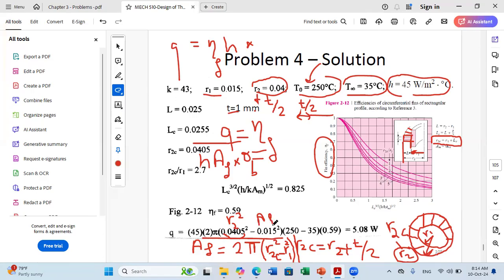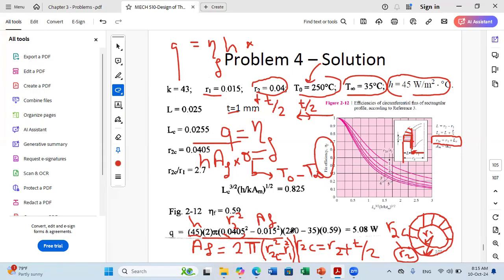This is the convective coefficient H. I still have to multiply by theta base. We said that theta base is the temperature at the base, at level R1 here. It's given T0, which is 250 degrees, minus T infinity, and T infinity here is 35 degrees.